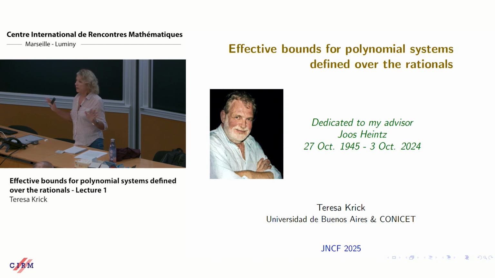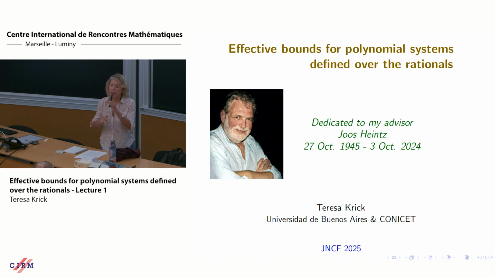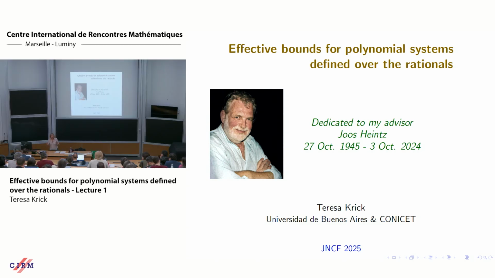No projective here. And everything is without assuming genericity conditions. I will never assume genericity conditions like my n polynomials cut well, and then after the n I have only a finite number of points, or transversal intersections, or this kind of assumptions that often appear in the literature. Here, it's s polynomials in n variables and no conditions on how these s polynomials behave, except that my assumptions will be empty variety or zero-dimensional variety.